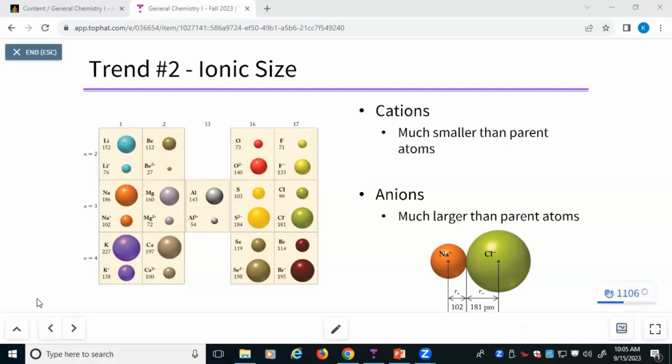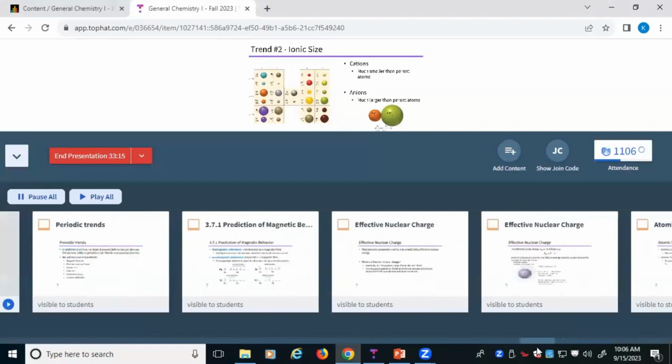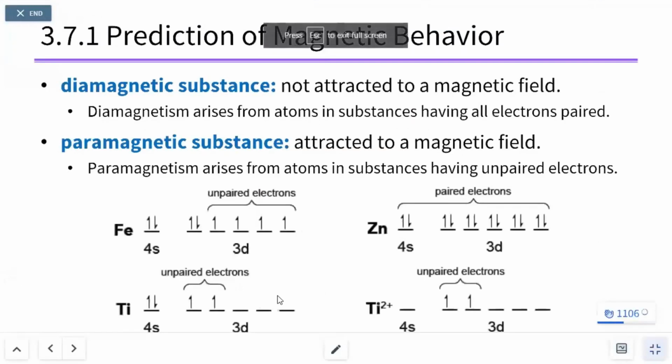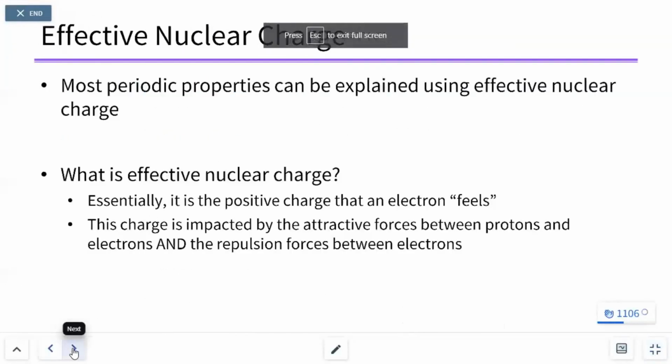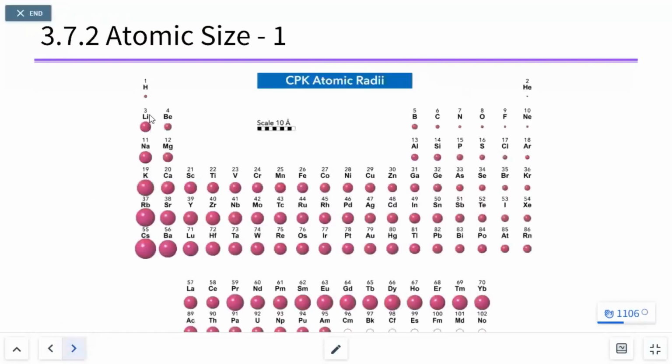If you recall from the previous lecture where we ended, we talked about two of those trends: magnetic behavior, and effective nuclear charge, and how we can use effective nuclear charge to talk about atomic size and the trends that exist. When you go down a group, things get bigger, and when you go across a period, things get smaller.